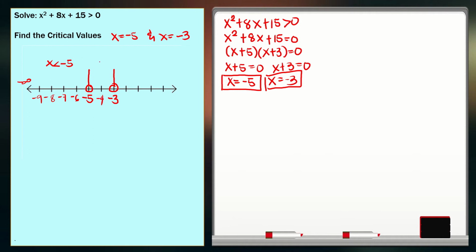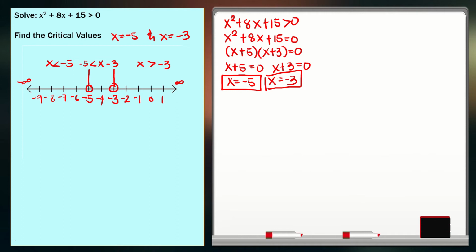So this is x is greater than negative 5 but less than negative 3. On the other hand, going to this side, we have negative 2, negative 1, 0, and positive 1 to positive infinity, which are the numbers greater than negative 3. So I will write x is greater than negative 3.